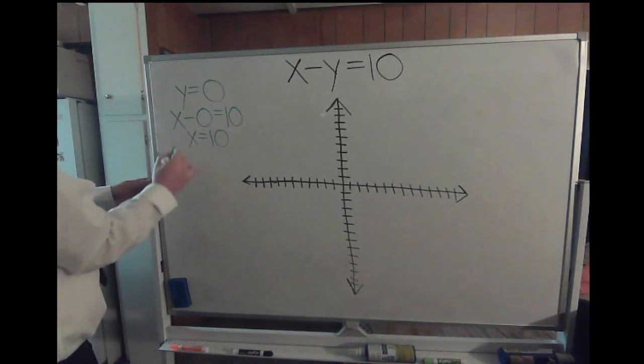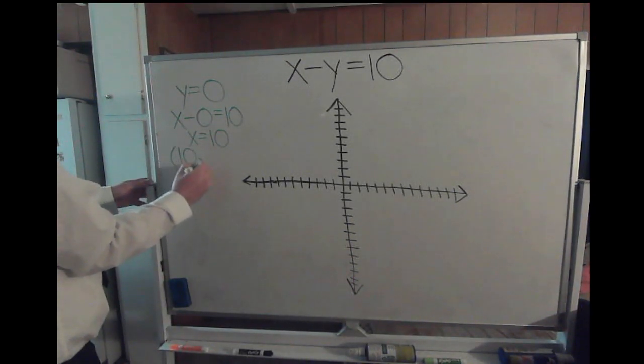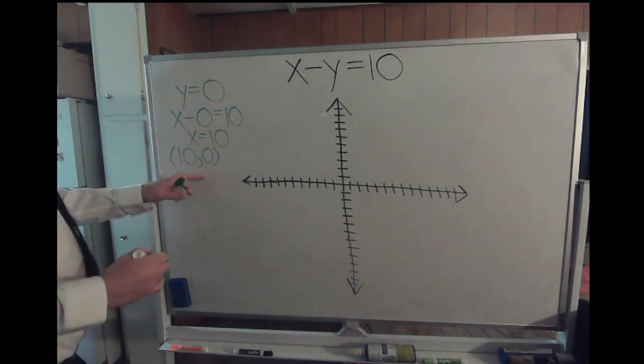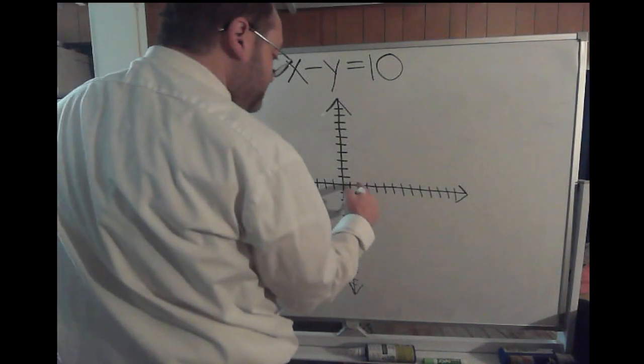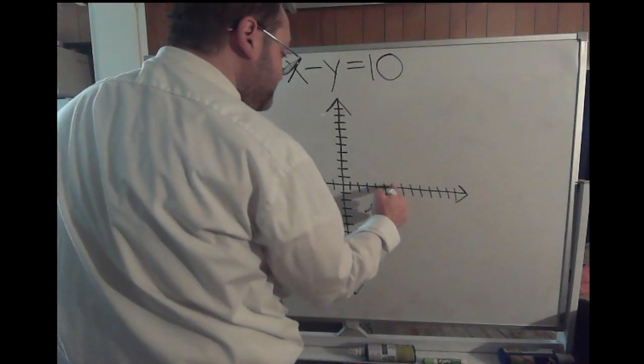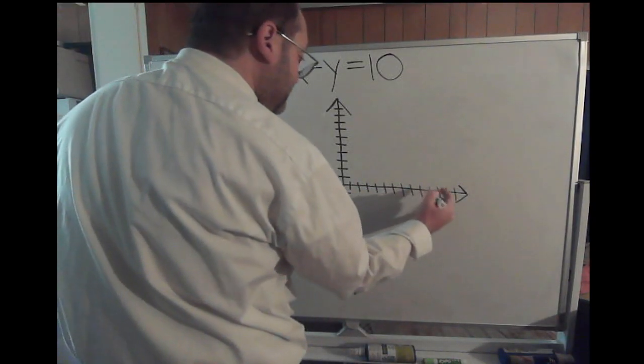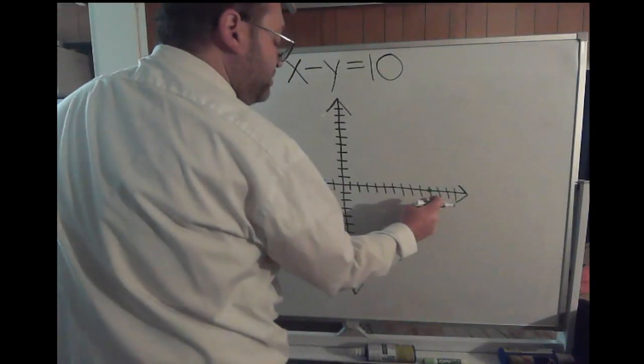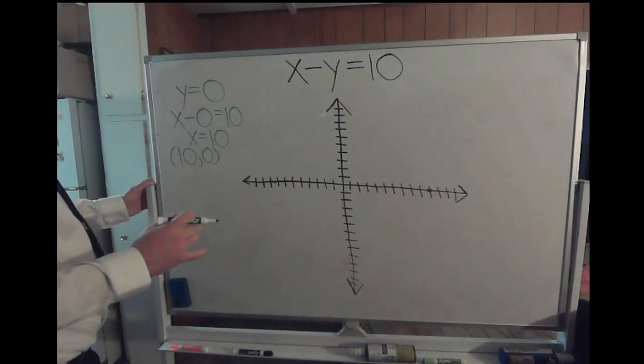So you would get the point 10, 0. So go to 1, 2, 3, 4, 5, 6, 7, 8, 9, 10. Put a point there, plot your point at 10, 0.